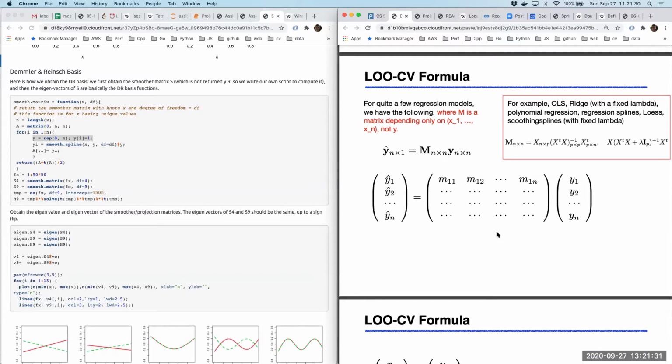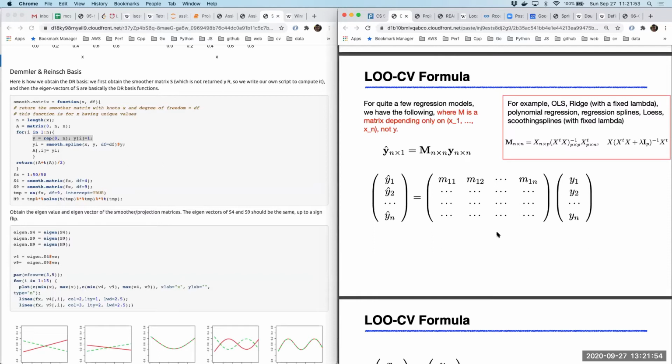And if you do a ridge regression, just plug in lambda plus identity before taking the inverse. And for smoothing spline, if there is a basis function there, we also know how to get the expression. Now, something very interesting about this type of model is this matrix only depends on X, not on Y.